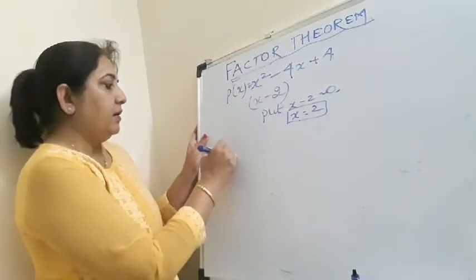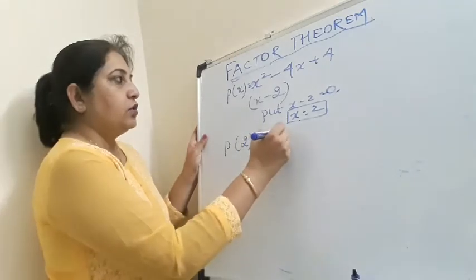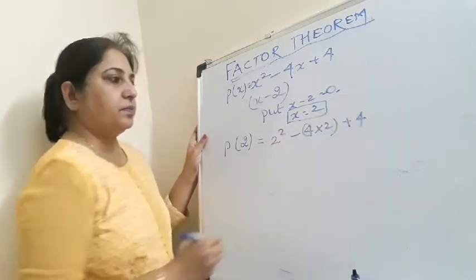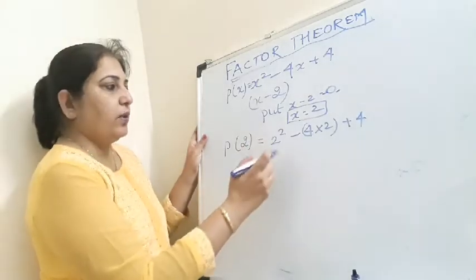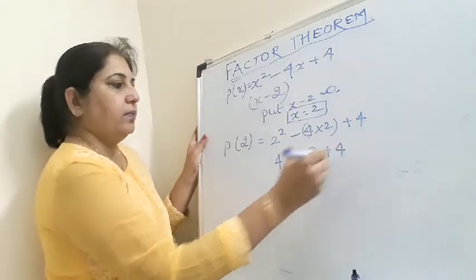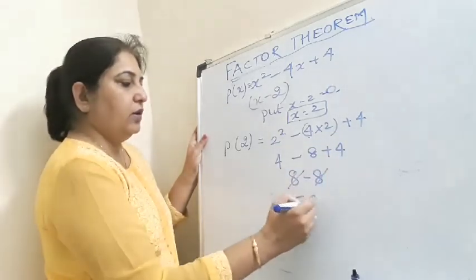So p(2) will be equal to 2 square minus 4 into 2 plus 4. What is 2 square? 2 square is 4, minus 8, plus 4. Now 4 and 4 is 8, and 8 minus 8 is equal to 0.